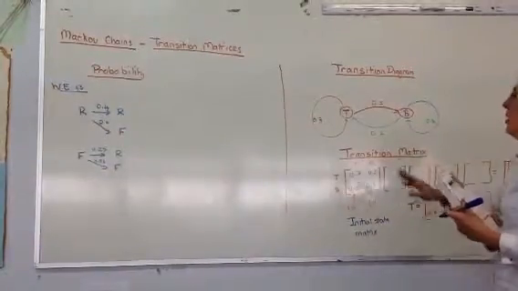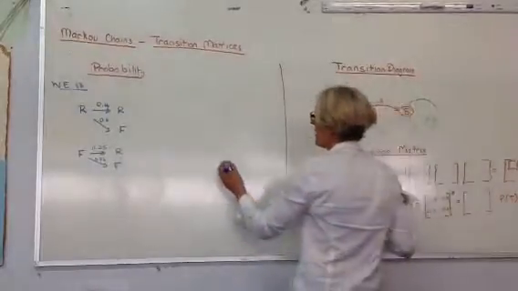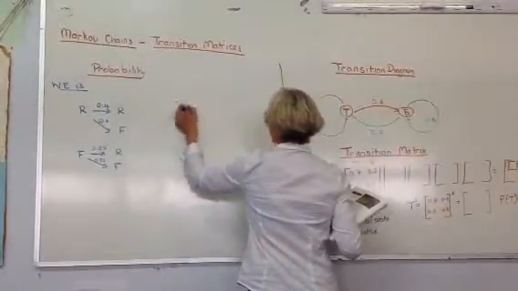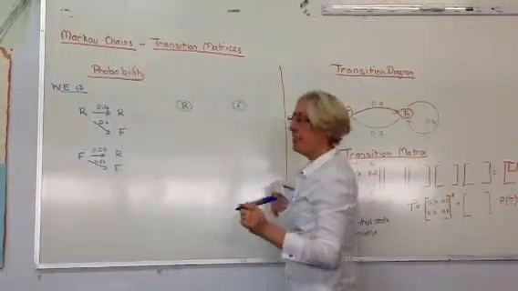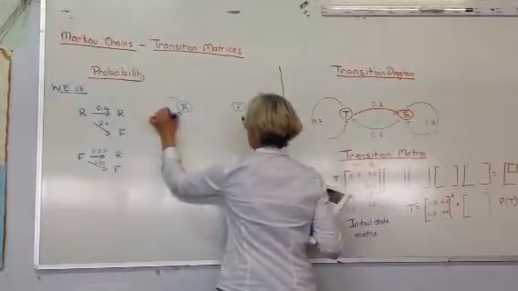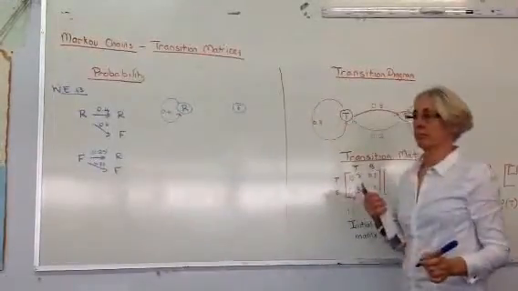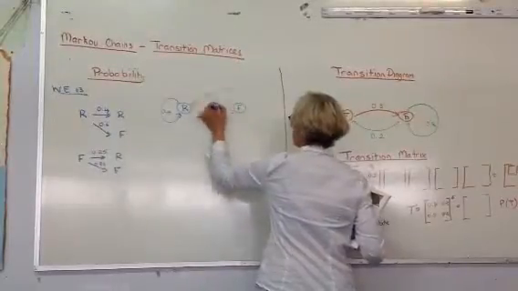Okay. We could draw a transition diagram to represent that, because basically we've got two states. We've got rain and we've got being fine. If it rains today, the chance of it raining tomorrow is 0.4. The chance of it being fine tomorrow is 0.6.